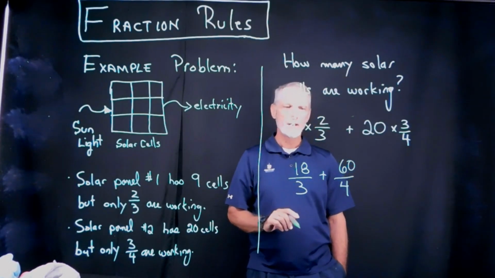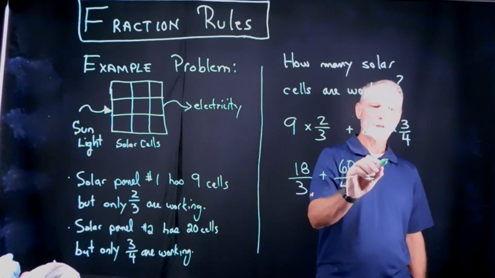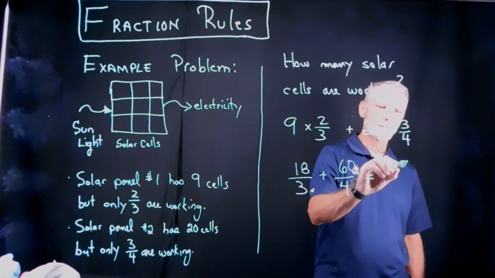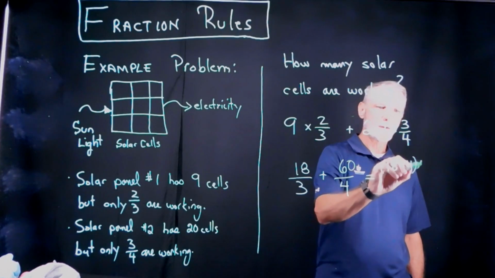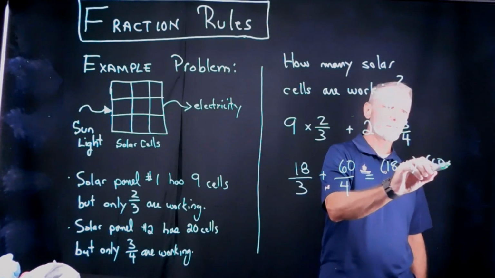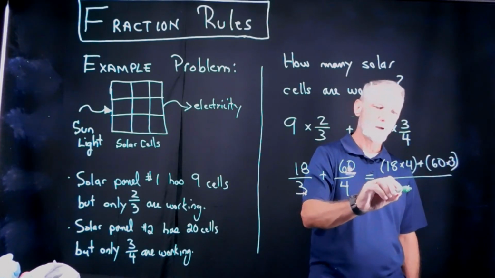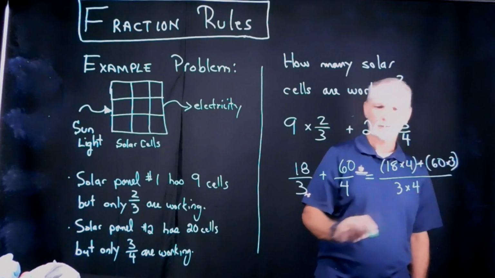We want to add these two together using our fraction rules. Once again, we can rewrite this as 18 times 4 plus 60 times 3 over the common denominator, which is 3 times 4.